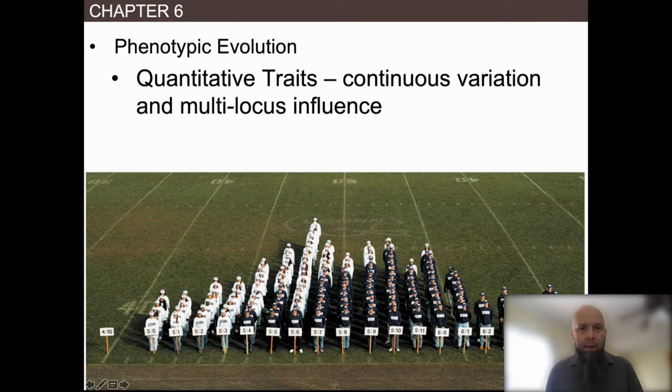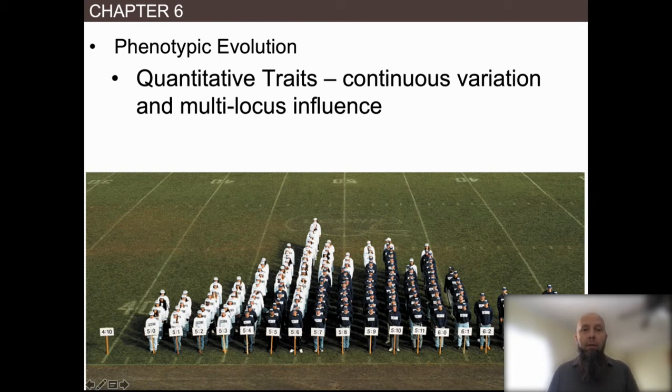So there are, in this group of, it looks like military personnel, individuals grouped by height. So everything from 5 foot tall to 6'5", right? And what's interesting is you see that there's almost a normal distribution, like a bell curve, where most of the individuals fall somewhere between 5'6" and 5'10", and there are very few at the 5 foot range, very few at the 6'5" range.